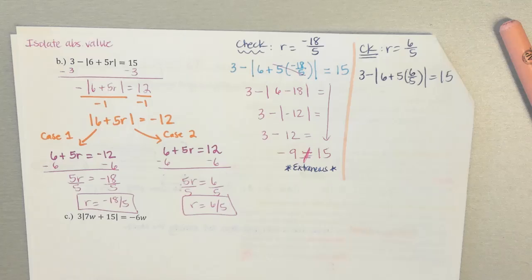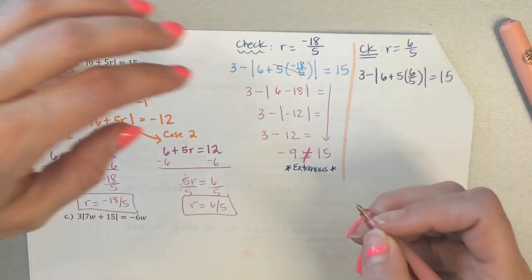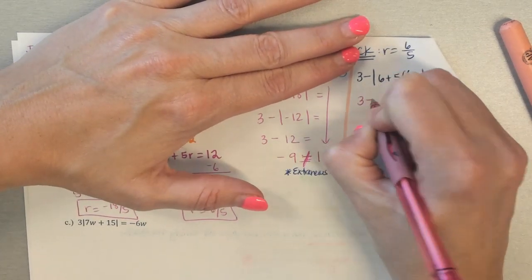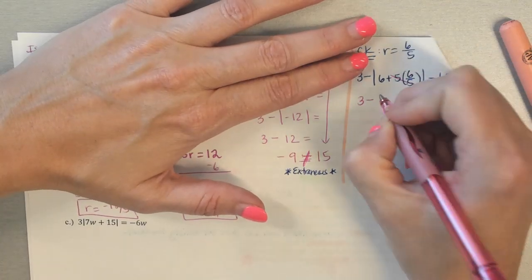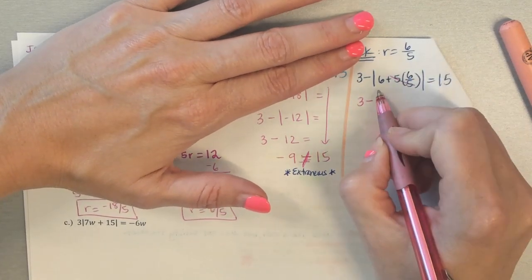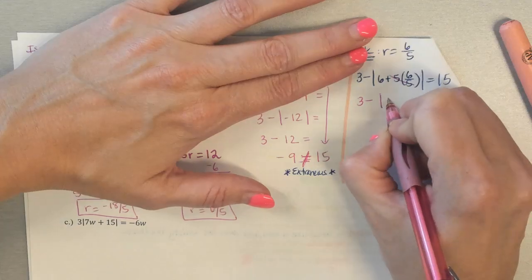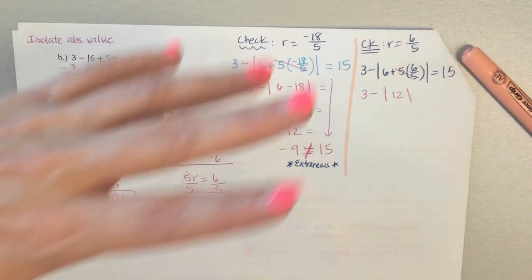So your check is something that you're going to need to have on your homework and on your assessments. So here, I'm fine if you just write 6 plus 6 is going to be 12.